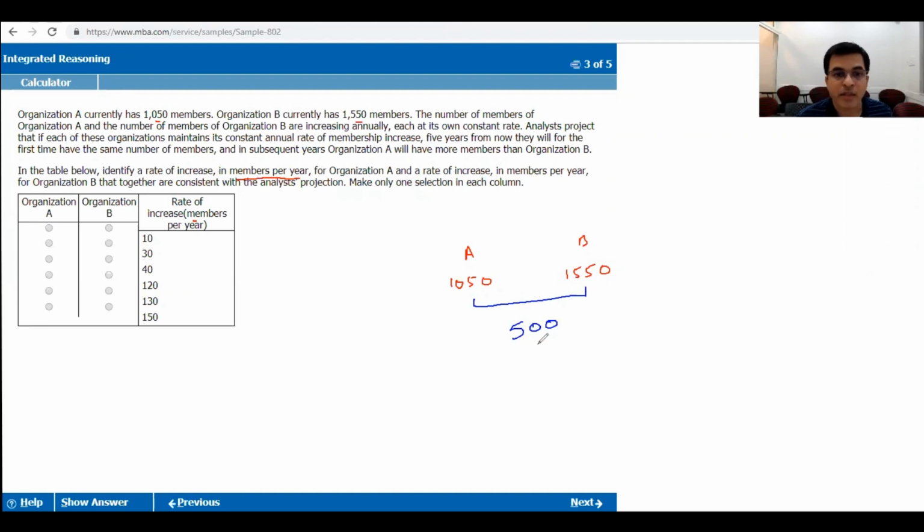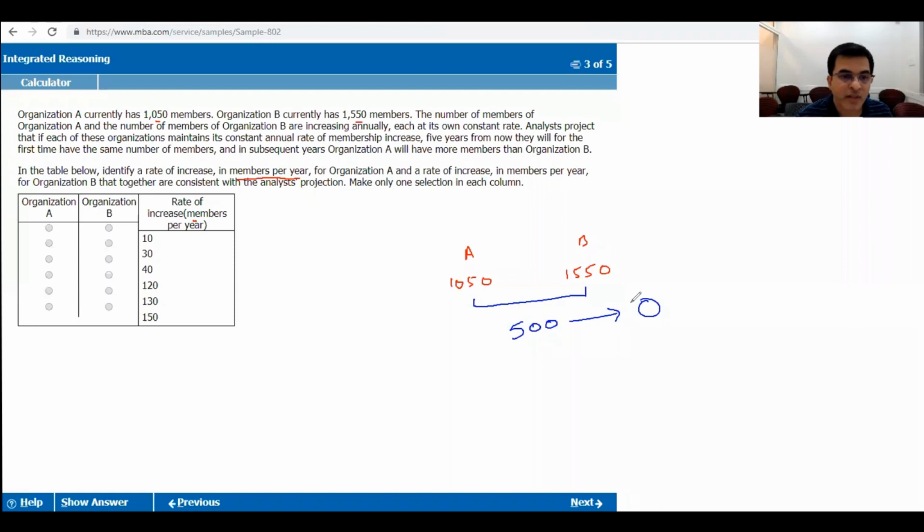A's target is to catch up with B. When we say catch up with B, it means reduce this lead of 500 down to 0. Right now there's a gap of 500.